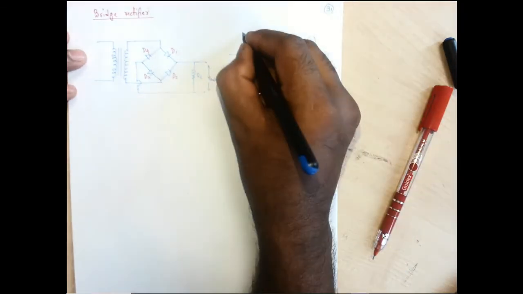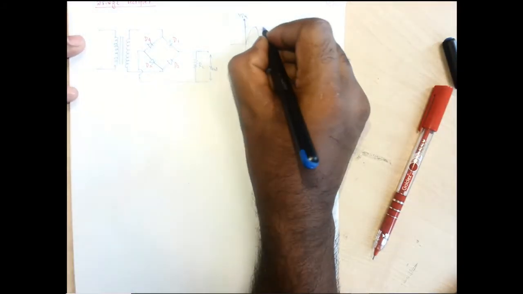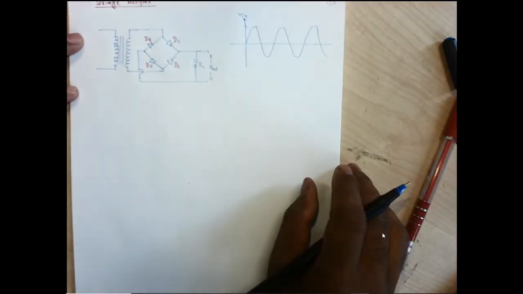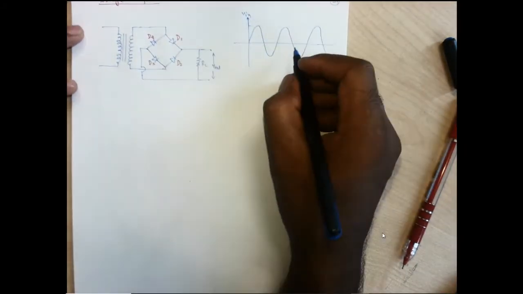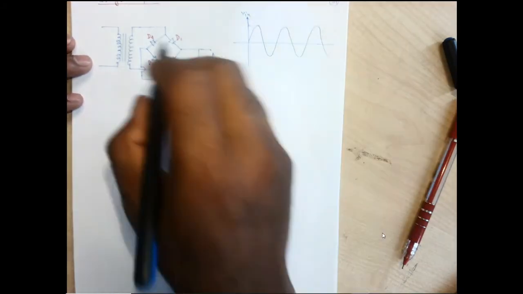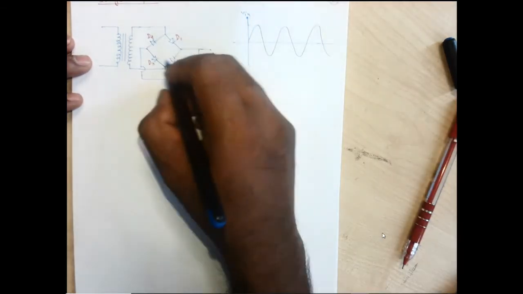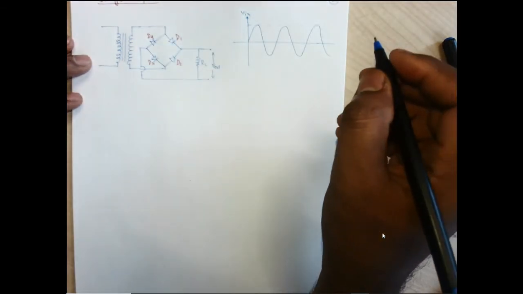Okay. So we'll have the input like this, V in, that is at this point, the secondary of the transformer. Depending upon the input our circuit will operate. Sometimes D1 and D3 will operate, and for the other half D4 and D2 will operate.